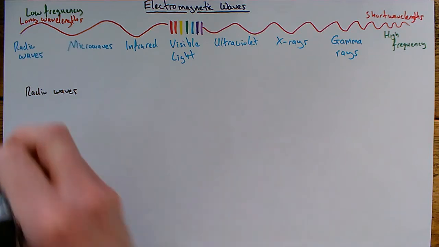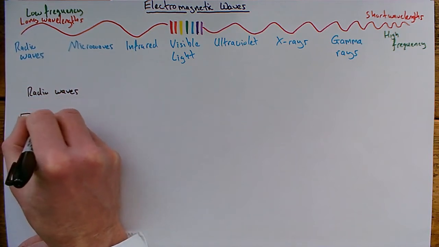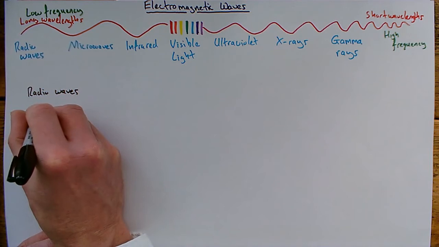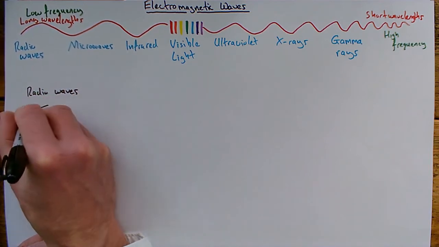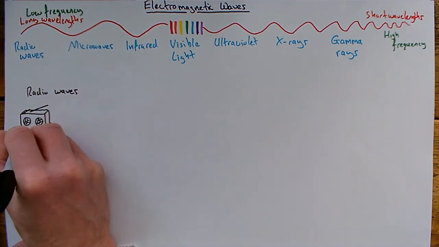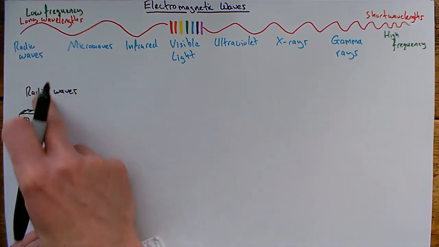So let's start with radio waves. The first one to remember, and I think the most obvious one, is for radio communication. How your signal gets sent to your radio is using radio waves.